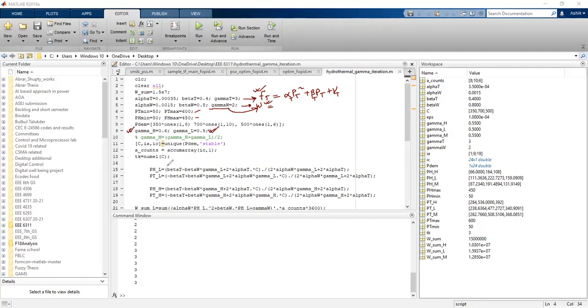Then I calculated, and I've given them two names, let's say gamma H and gamma L. So gamma L is 0.5. With 0.5, we calculate PHL, PTL, that is the hydro power for gamma L and the thermal power for gamma L. Similarly, hydro power for gamma H, thermal power for gamma H.